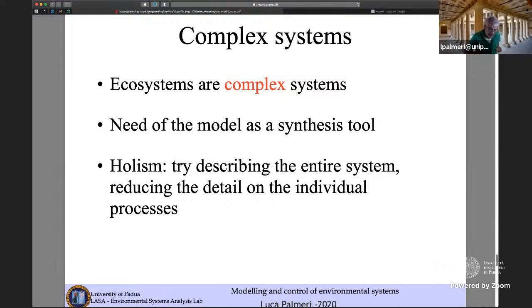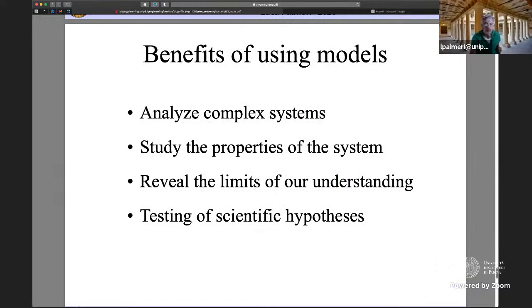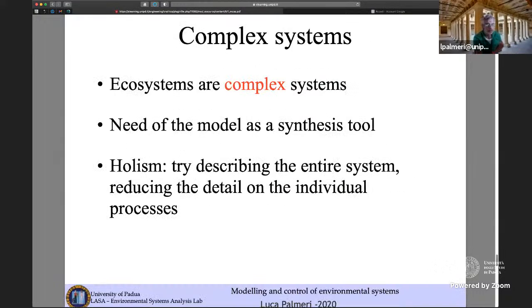So we have, at this point, two different approaches: the holistic and the reductionistic approach. The holistic approach, that typical of biology, ecology, and also ecological modeling as a consequence, is that of describing the entire system by reducing the detail of the individual processes.